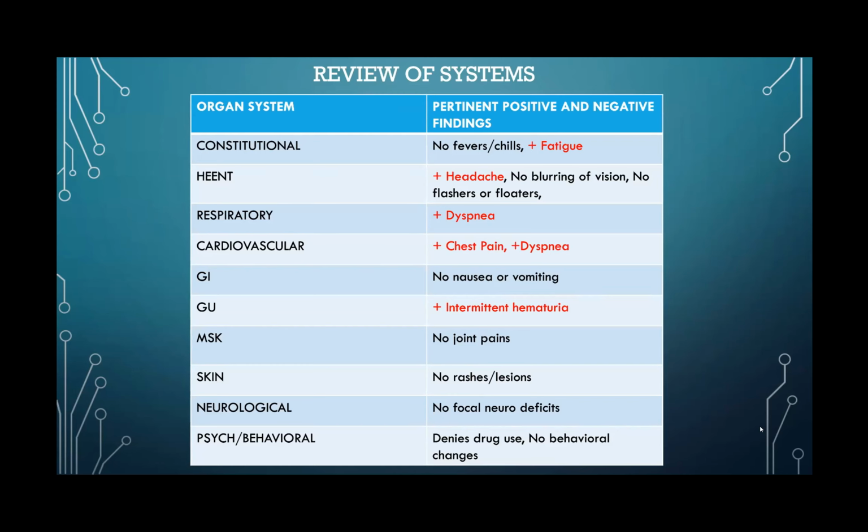No problem. So constitutional, the patient has fatigue. HENT, the patient has headache. For respiratory, the patient has dyspnea. For cardio, chest pain and dyspnea. And for GU, the patient has intermittent hematuria. Okay. So what other questions do you want to ask him?